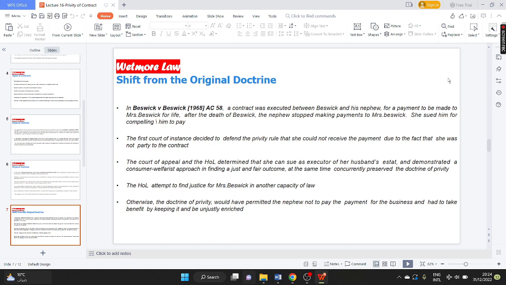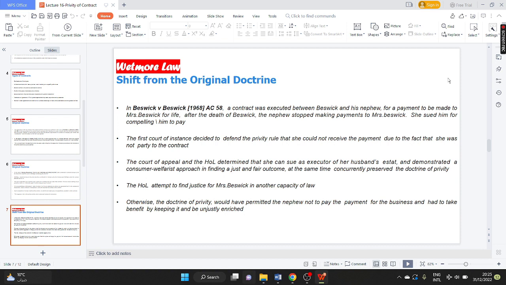The Court of Appeal and the House of Lords determined that she could sue as executor of her husband's estate and demonstrated a consumer welfarist approach in finding a just and fair outcome. At the same time, they concurrently preserved the doctrine of privity.